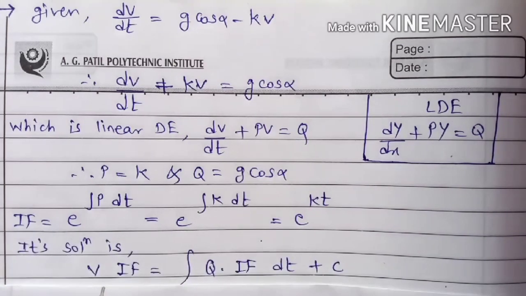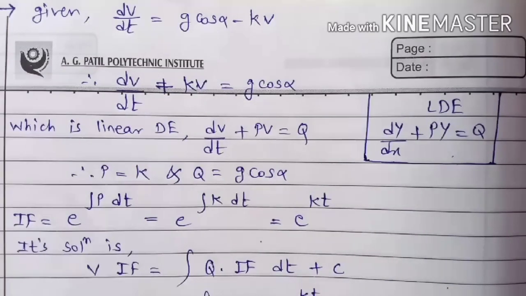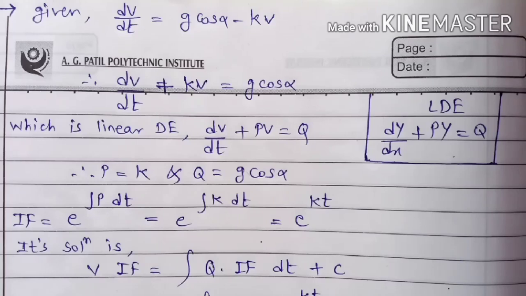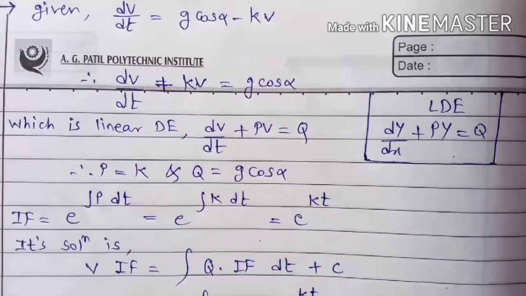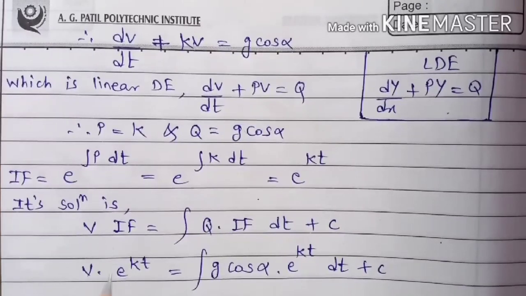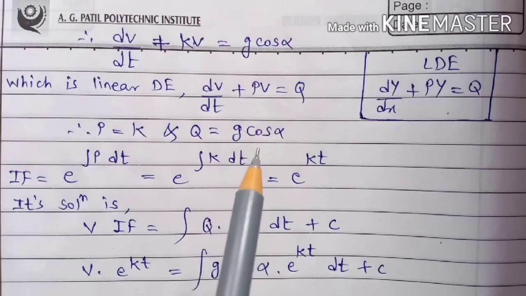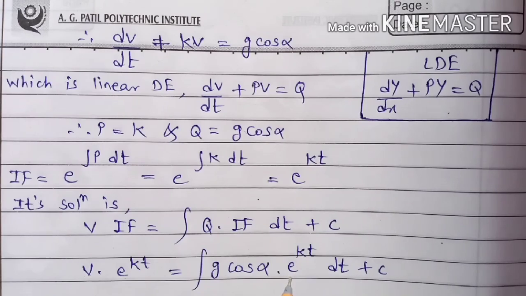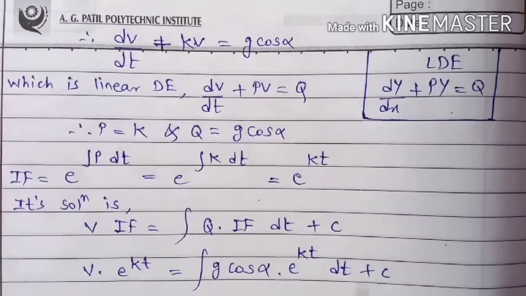Now its solution is v into IF equal to integration of q into IF dt plus c. Here we put the value of IF and q: v into e raised to kt equals g cos alpha into e raised to kt dt plus c.